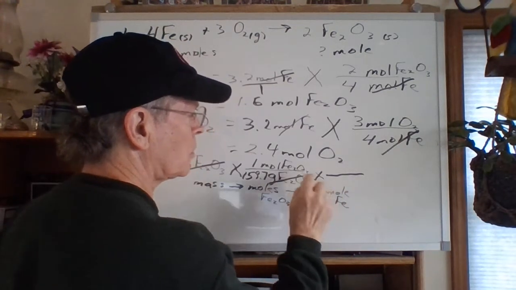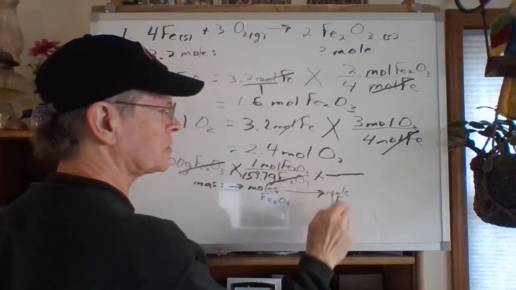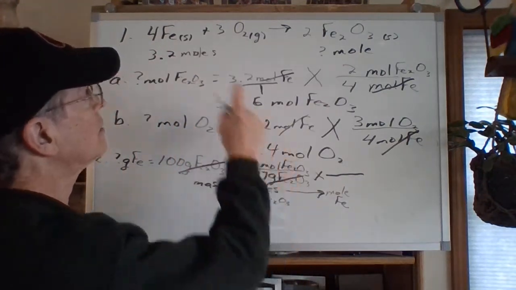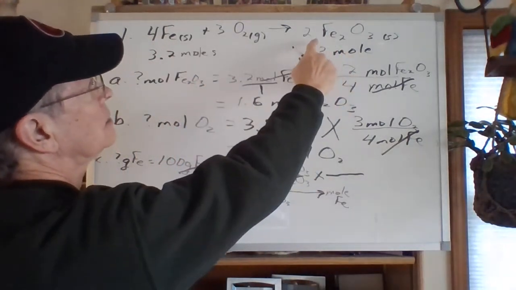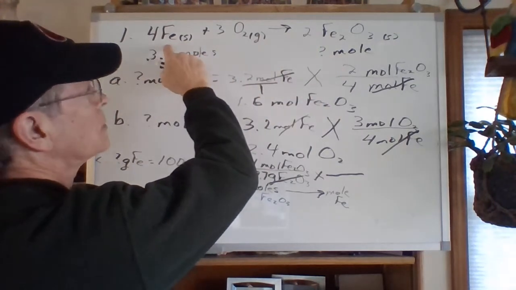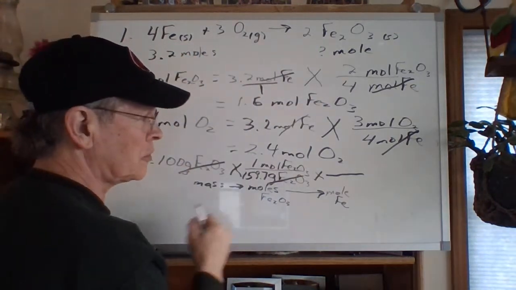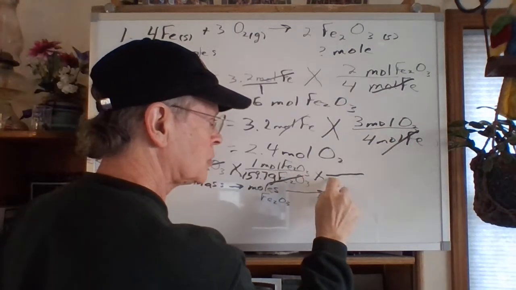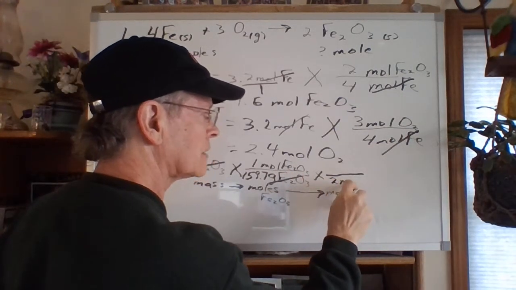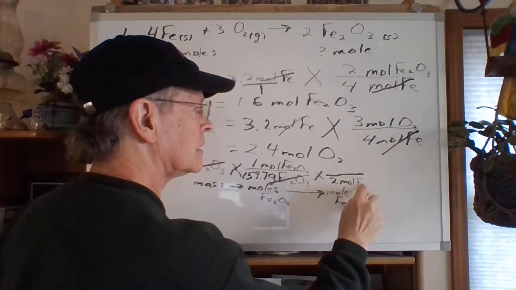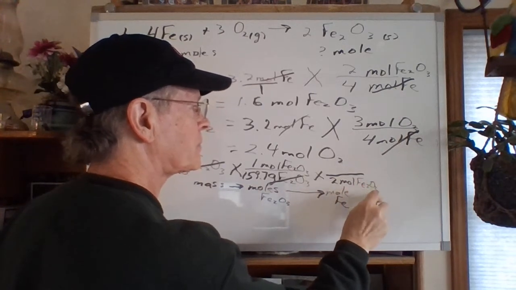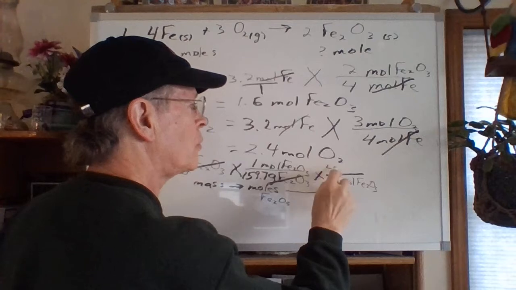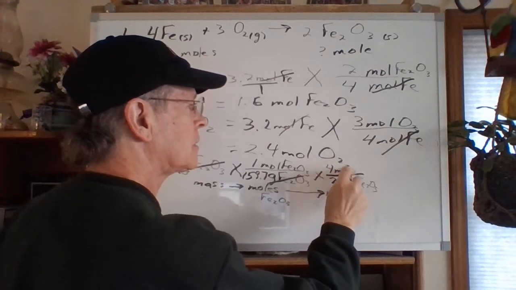How do you do that? Where do we get the ratio of moles of iron to moles of iron oxide? From the balanced equation. 2 of those are made from 4 of those. So I put 2 moles of iron oxide on the bottom, and 4 moles of iron goes on top.